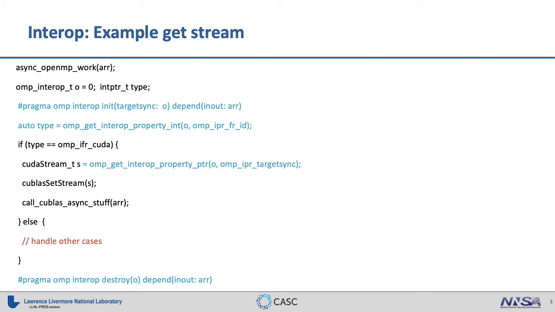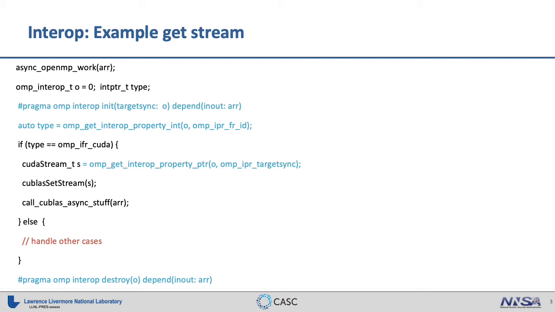A reference to it should be placed into our interop object, and this dependence needs to be enforced. But this is a very special kind of dependence, right? So in this case, it will block here until anything that this dependence depends on is complete.